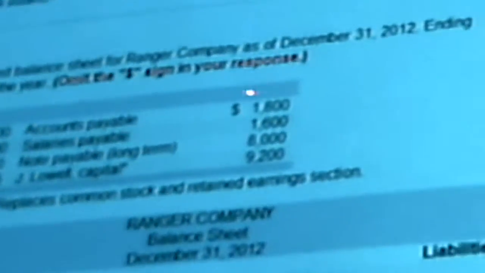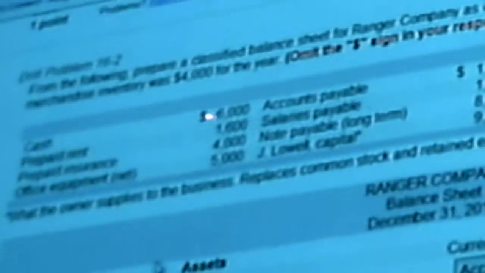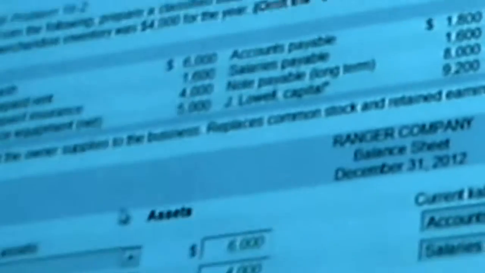Now, if you take a look at how this is set up. Let's start at the top. From the following, prepare a classified balance sheet. And what they give you here is all the stuff that you have to plug in here, right? And you have to do a little bit of addition and subtraction. So anyway, it always goes in this order. Assets, actually current assets, and then what?